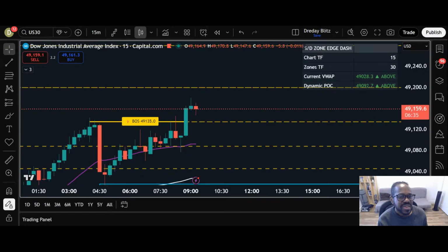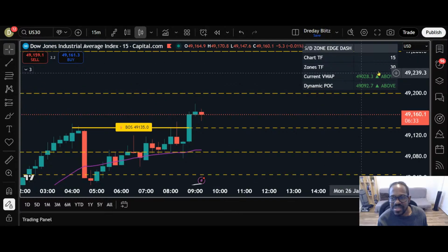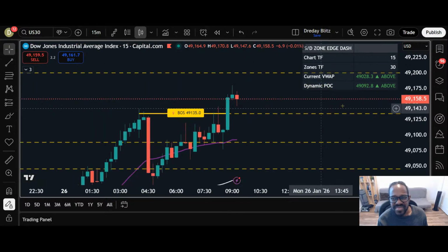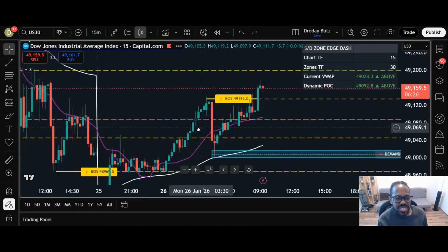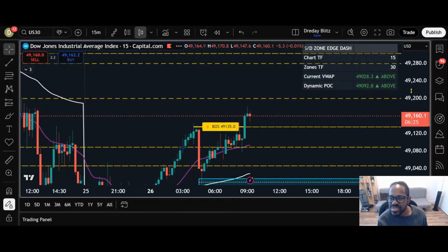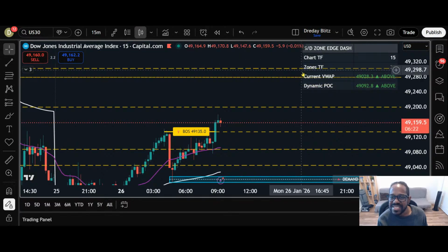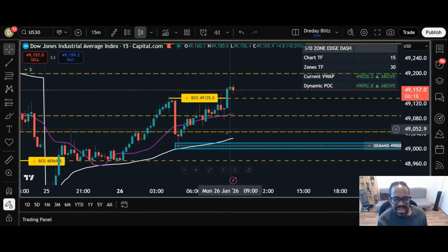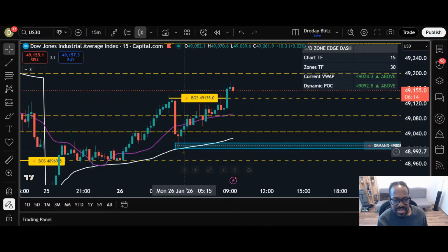Let's look at TradingView. We can look at setups that we may see here for market open. Right now, what you're seeing is my supply and demand zone indicator, which has VWAP and POC included. The VWAP is the volume weighted average price, and it's bullish here.